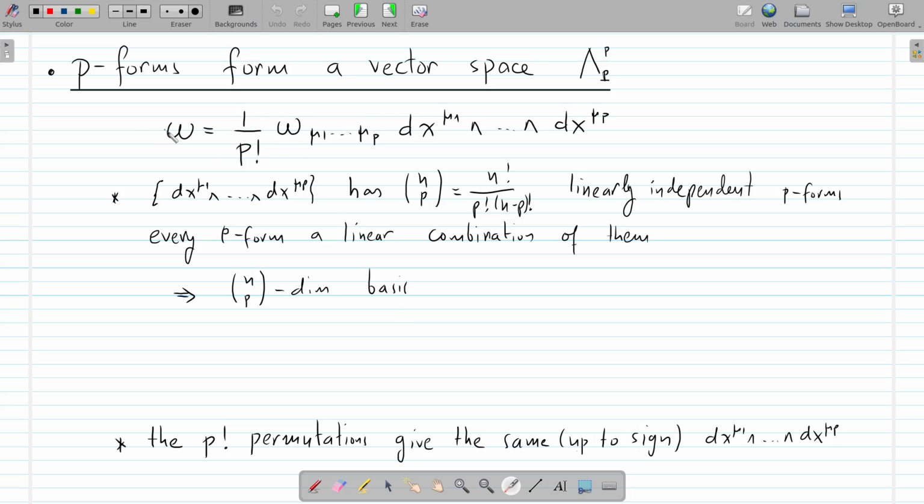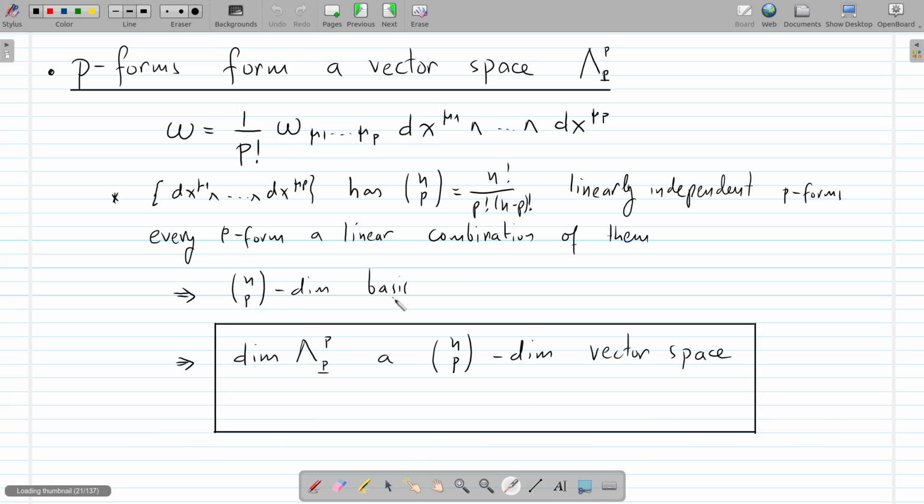So we have shown that any p-form can be written as a combination of n choose p linearly independent vectors given by the wedge products of dx mu. So that forms an n choose p dimensional basis. So the space of p-forms is an n choose p dimensional vector space.